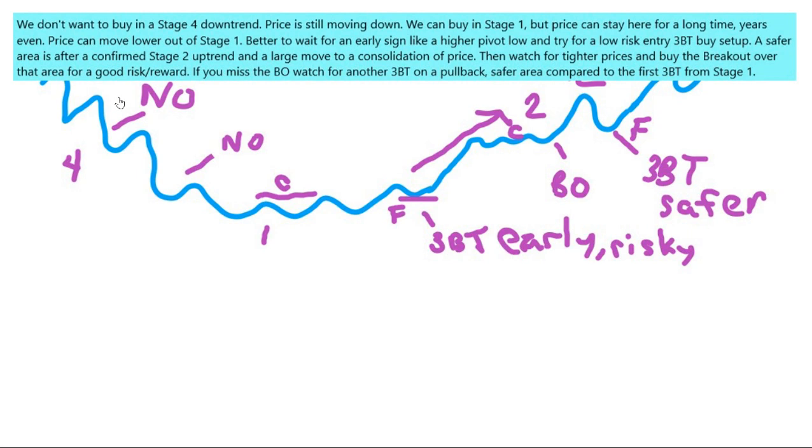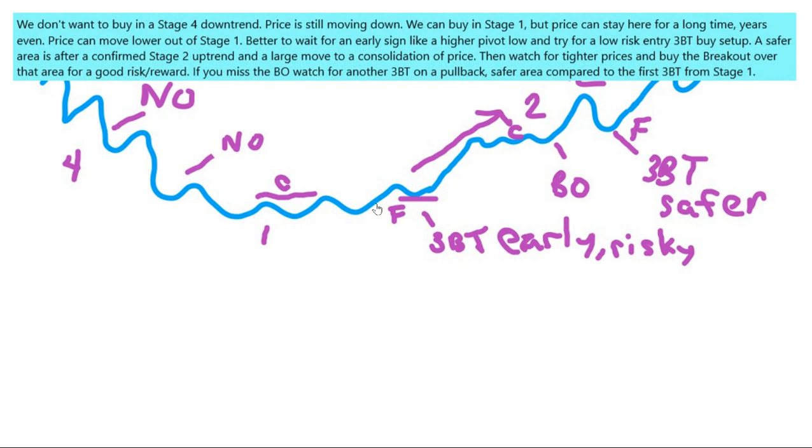The safer area is after a confirmed stage 2 uptrend and a large move to a consolidation of price. So here you've got stage 4, stage 1. We get this move up and a first higher low, so that would be an early entry. If you get a buy setup there, it's more risky because price could always start to move down again. But then we get a nice move up into a consolidation.